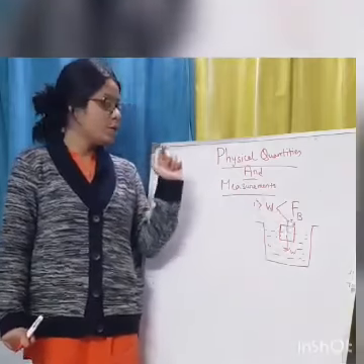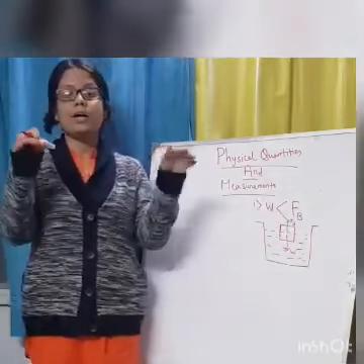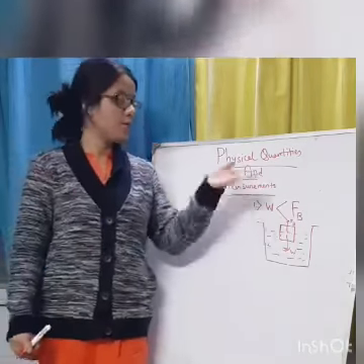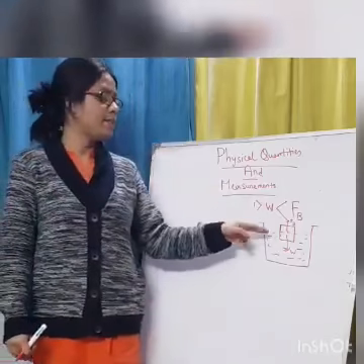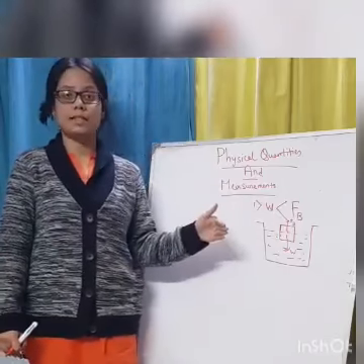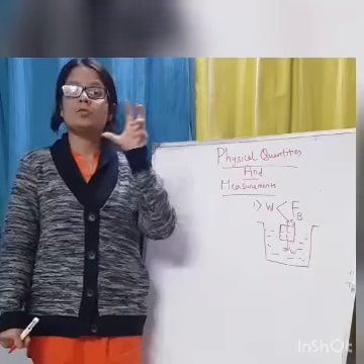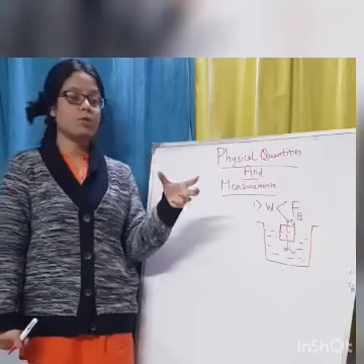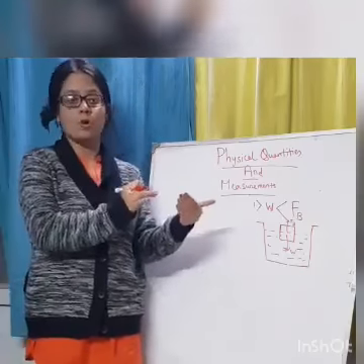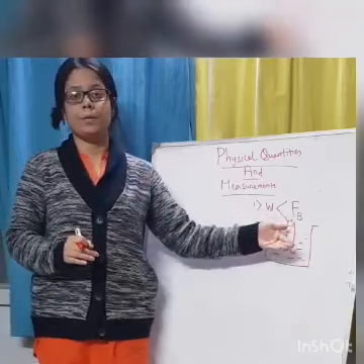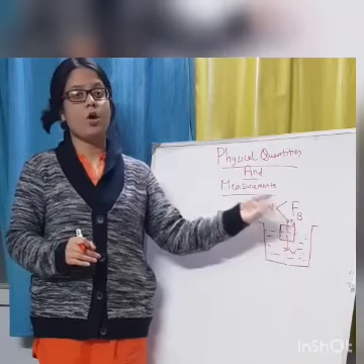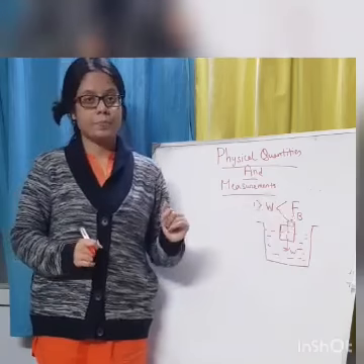The body will float in such a way that the part which is immersed inside the water displaces so much quantity of water that the weight of the displaced water equals the weight of the body. That is the condition of floating.